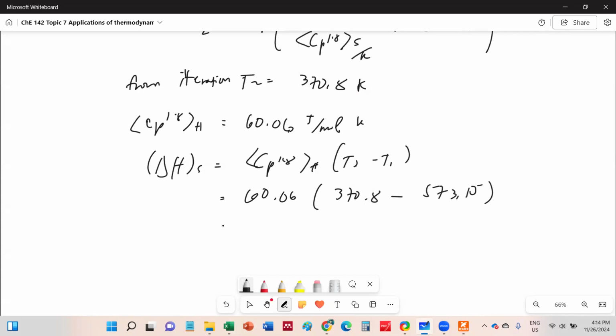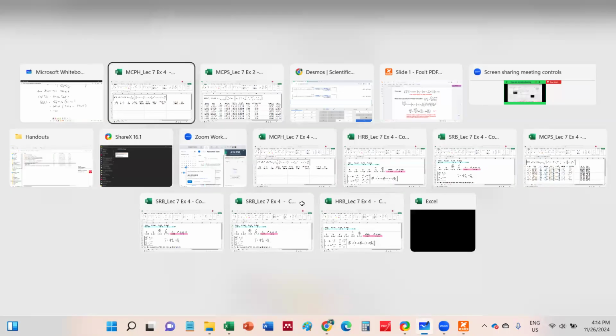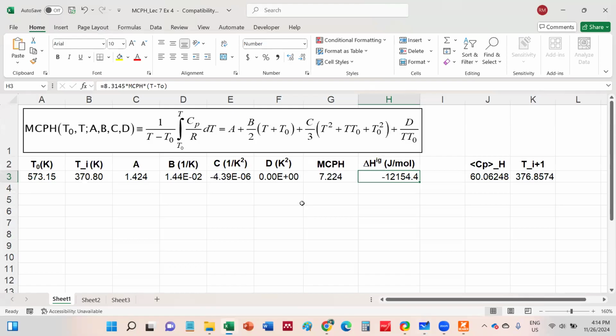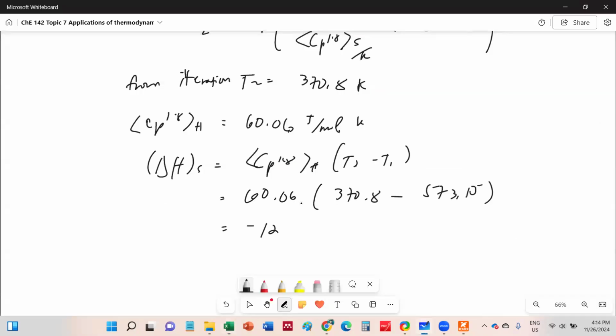What we will get is a value equal to negative 12,154 joules per mole. So this is the answer for letter A.